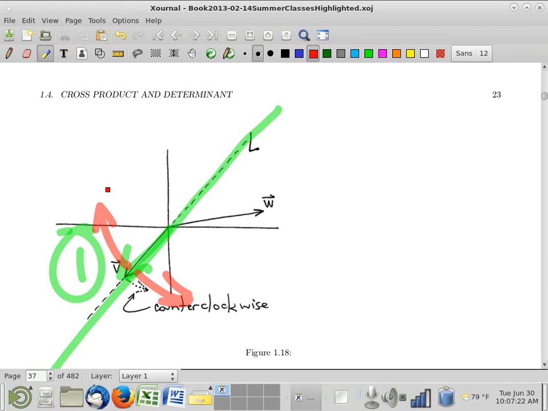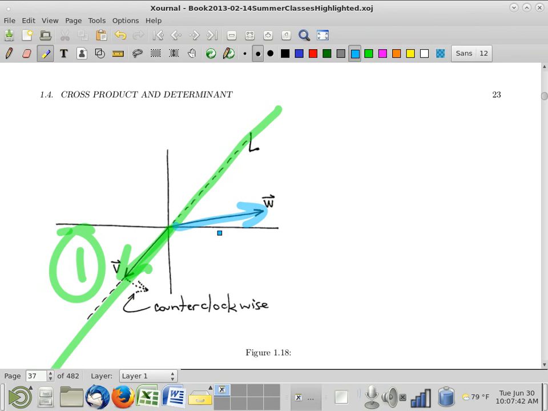That's how we're going to get our foot in the door as to which direction w points. W is going to point into one or the other of the sides of that line, unless v and w are parallel, or one of the vectors is 0, or something annoying like that. Let's not worry about those cases.